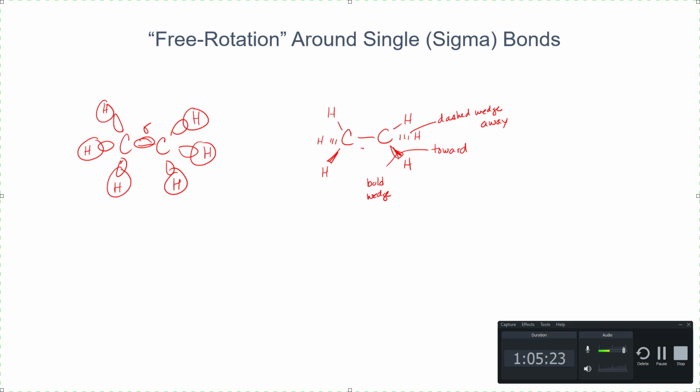I have essentially free rotation around that carbon-carbon bond so that I could rotate the hydrogens basically in 360 degrees. Now, the rotation is not free, as we're going to find out in a couple of lectures, but there's more than enough kinetic energy at room temperature, because we're not at absolute zero, to do that.